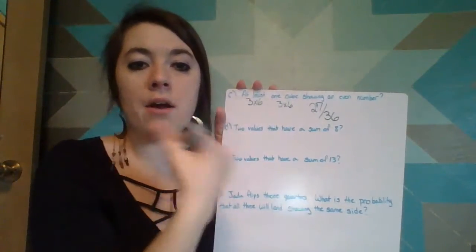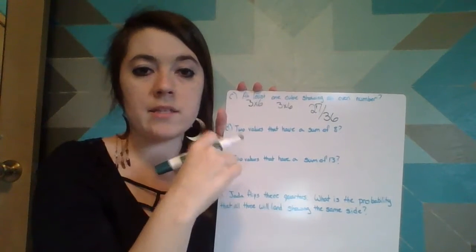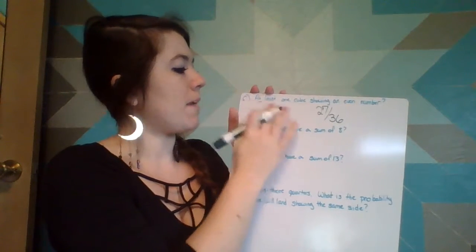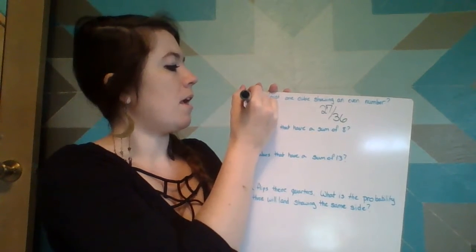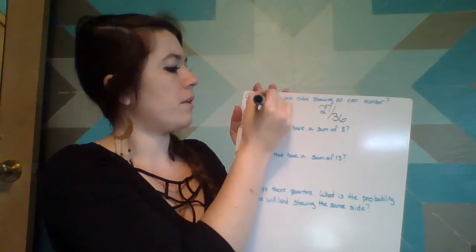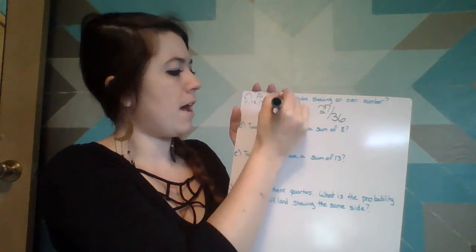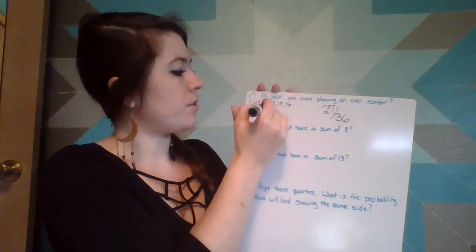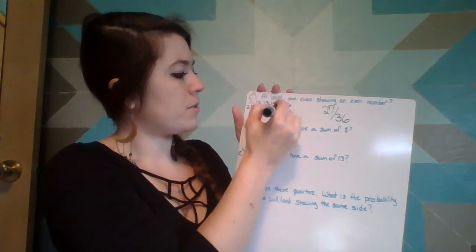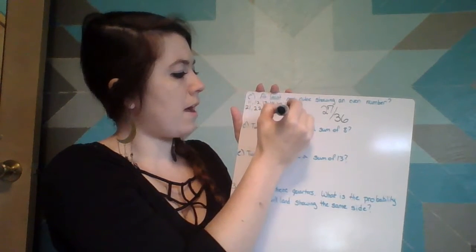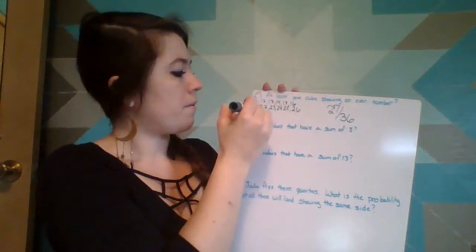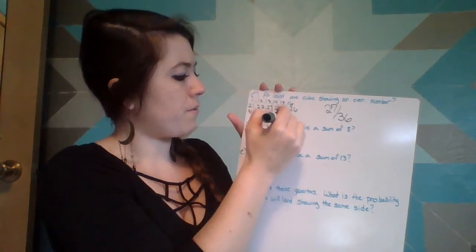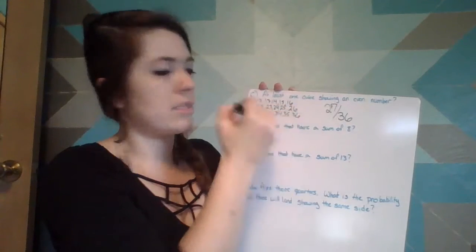So for this one, writing out our sample space and seeing that chances of having at least 1 cube showing an even number is extremely beneficial, because we can see the 1 and 1, the 1 and 2, the 1 and 3, the 1 and 4, the 1 and 5, 1 and 6, 2 and 1, 2 and 2, 2 and 3, 2 and 4, 2 and 5, 2 and 6, 3 and 1, 3 and 2, 3 and 3, 3 and 4, 3 and 5, 3 and 6, so on and so forth.